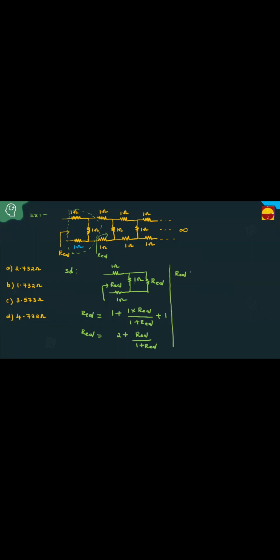R equivalent into 1 plus R equivalent is equal to 2 into 1 plus R equivalent plus R equivalent. Then multiply: R equivalent plus R equivalent square equal to 2 plus 2 into R equivalent plus R equivalent. Then this R equivalent cancels. Then you have to write R equivalent square minus 2 into R equivalent minus 2 equal to 0.